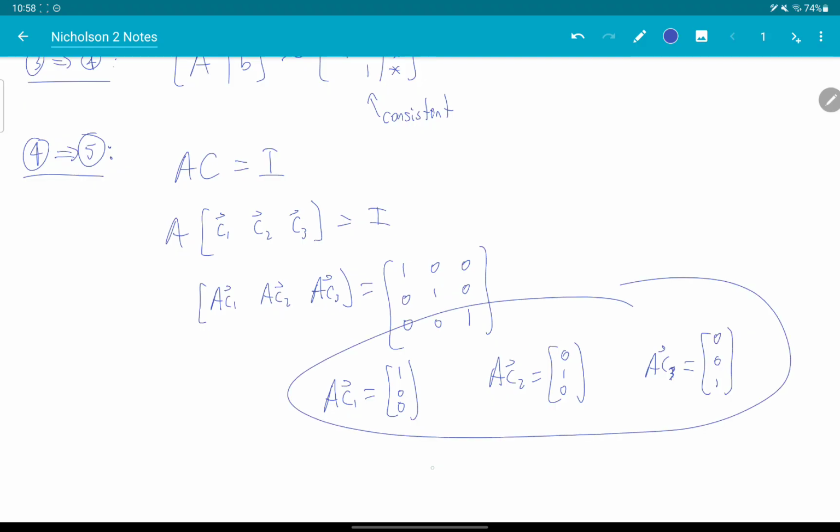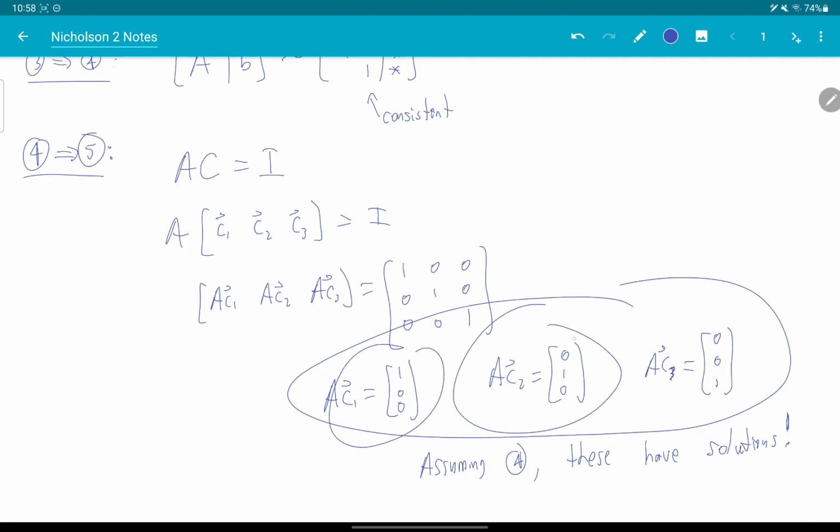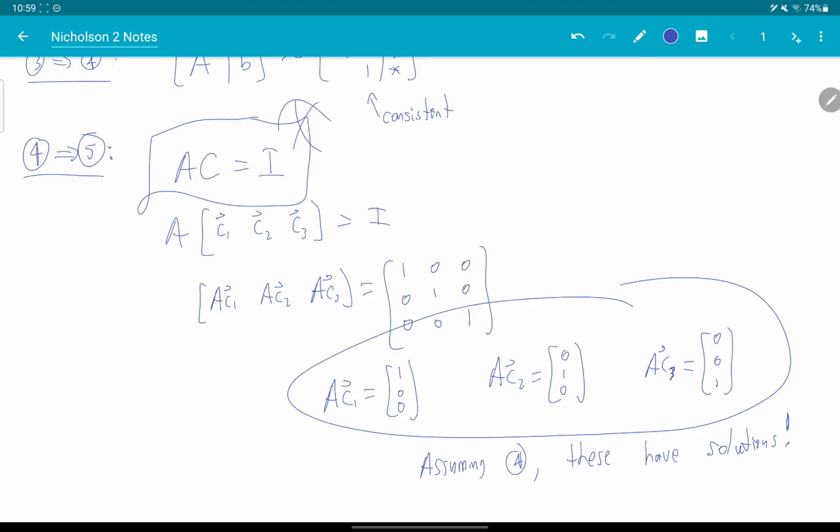If I'm assuming 4, then these have solutions, at least one solution, and that does it for me, right? So assuming 4, these 3 equations have solutions, which means I can find the matrix C that makes this equation true. The first column is going to be my C1 that I find, the second column is going to be C2, the third column is going to be C3.